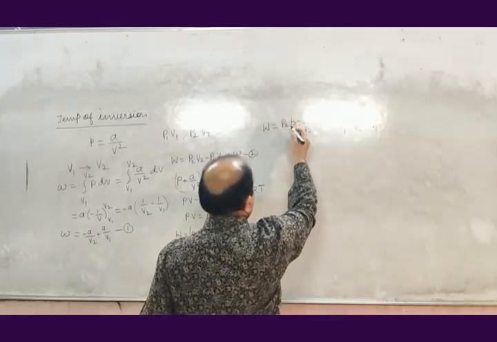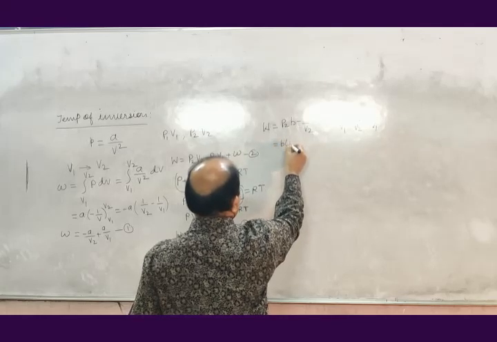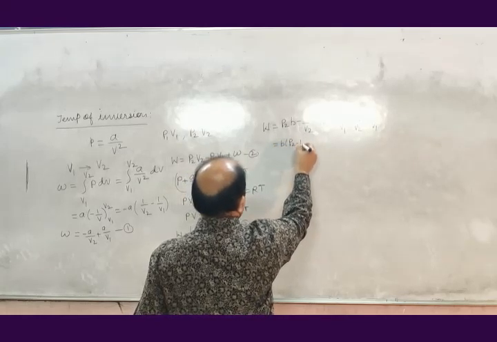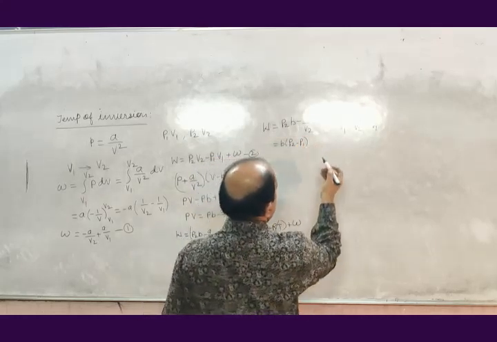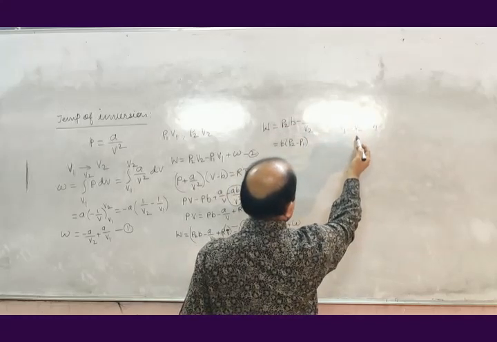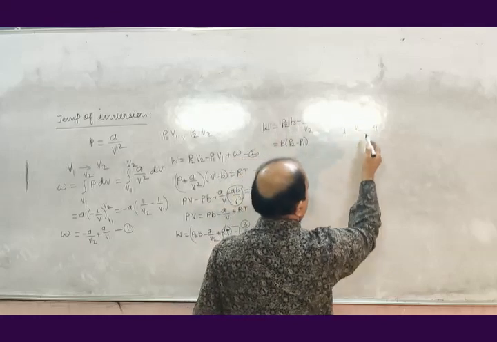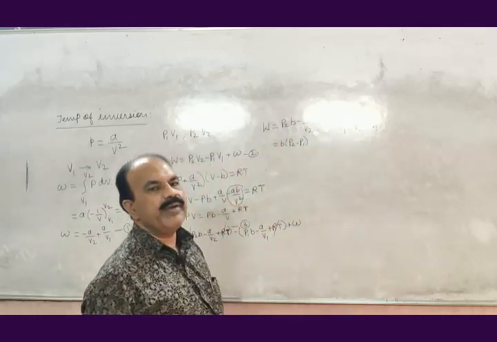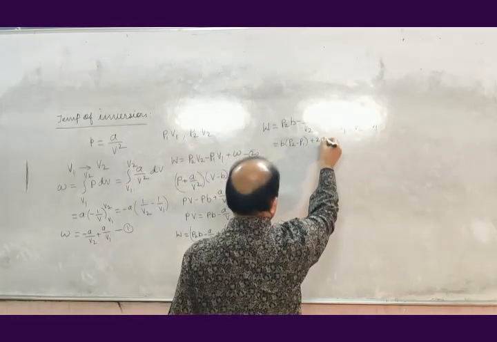From these two terms, B can be taken common. What is left in the bracket is P2 minus P1, then minus A by V2 minus A by V2, it will be minus 2A by V2. A by V1, A by V1, it will be again 2A by V1. Let us take 2A common.